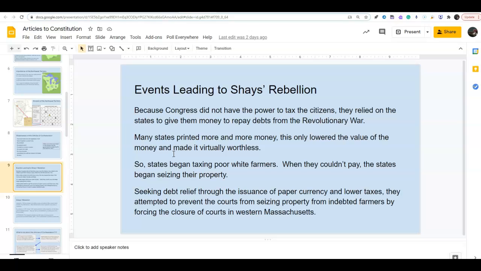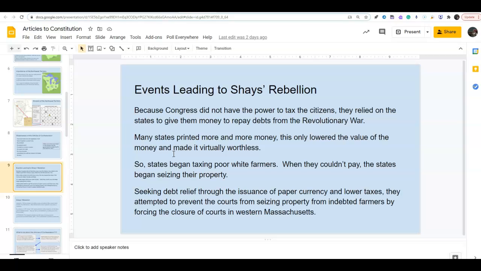In essence, the process would basically be something like you go to the court and the judge rules that you're not paying your taxes, so you have to give up your farm. Well, if you don't allow the judge to get into the court, then you can't lose your farm.